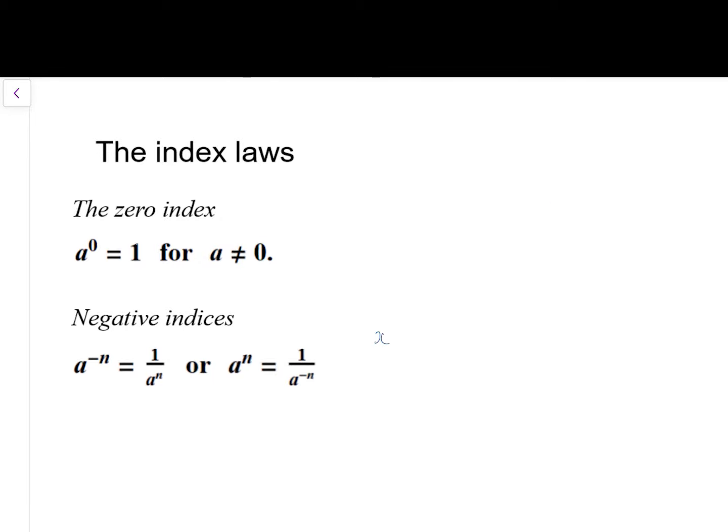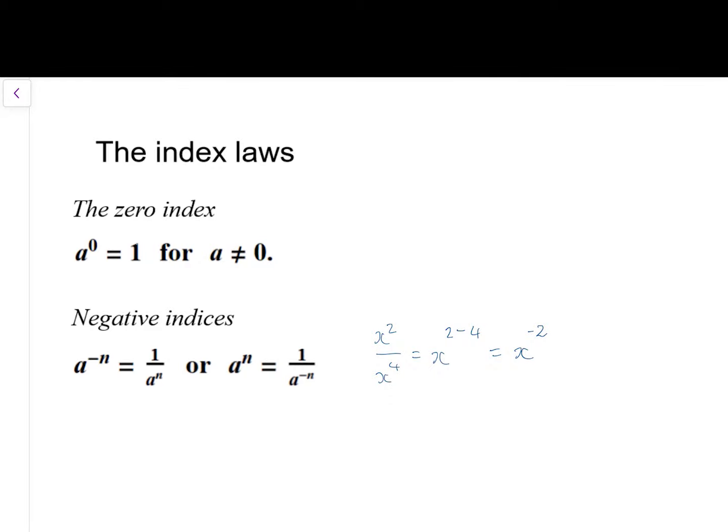Similarly, using the second index law, we could see that the subtraction of 2 and 4 results in a base x to the power of negative 2.